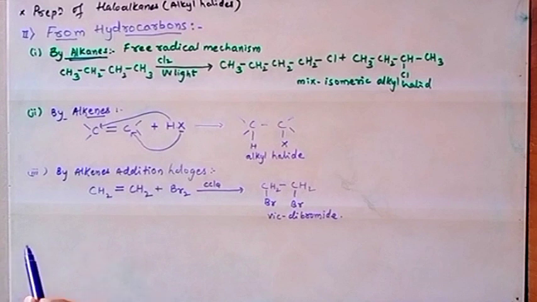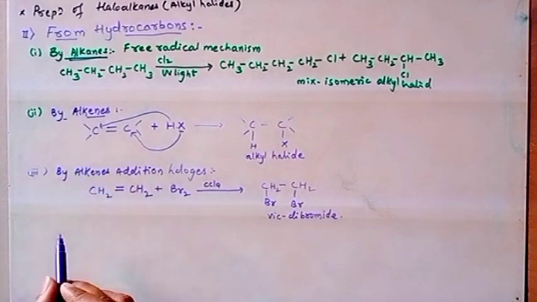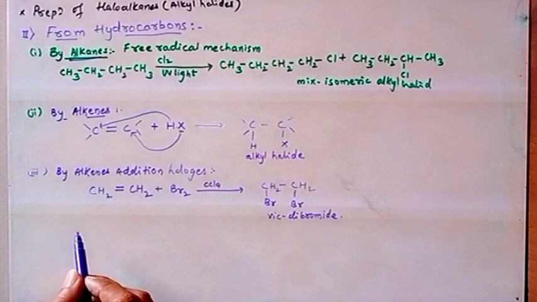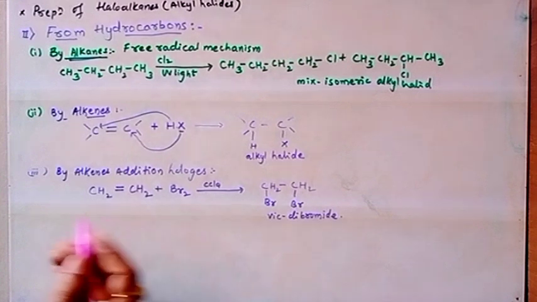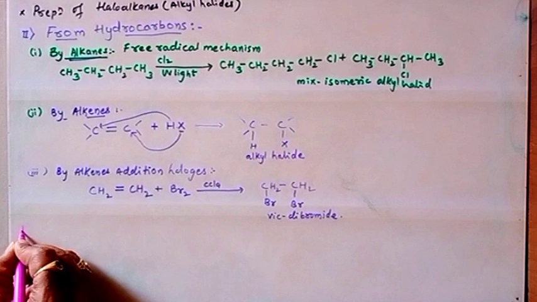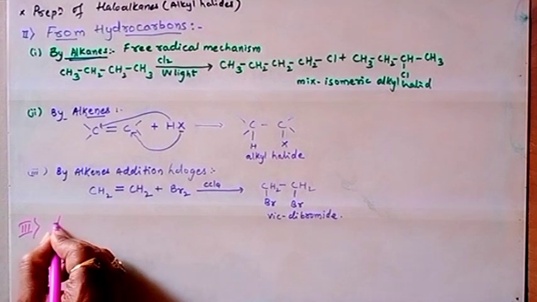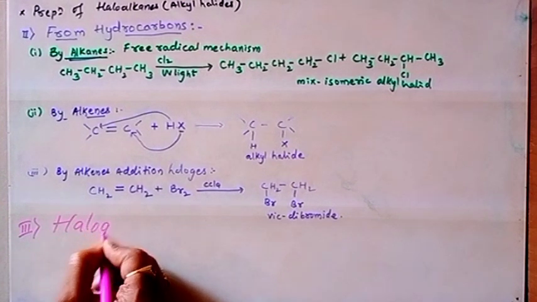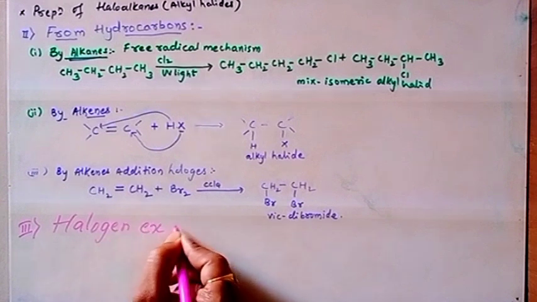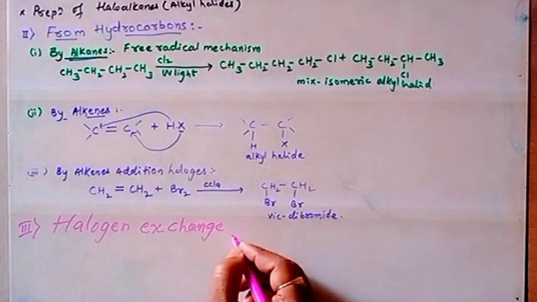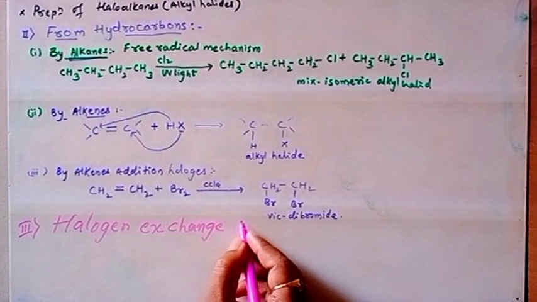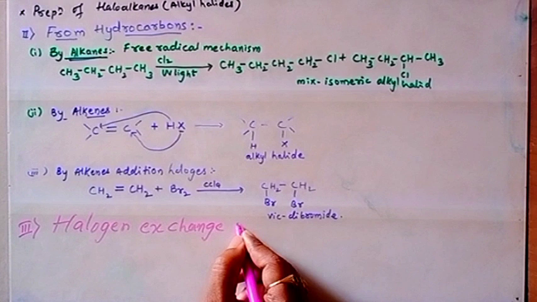So these are the preparations of haloalkanes from hydrocarbons. The first one is from alkanes, the second one is from alkenes. Next, the third method is the halogen exchange method.